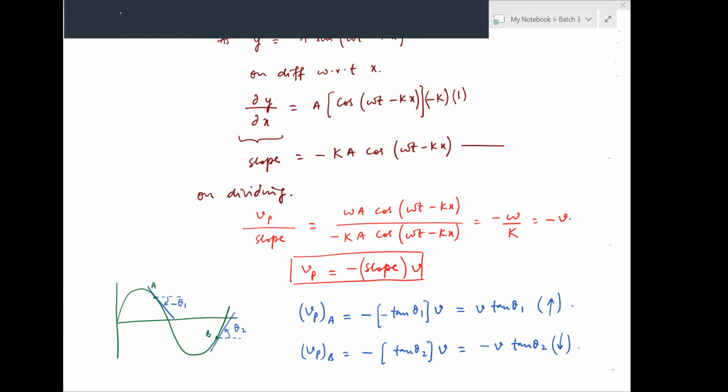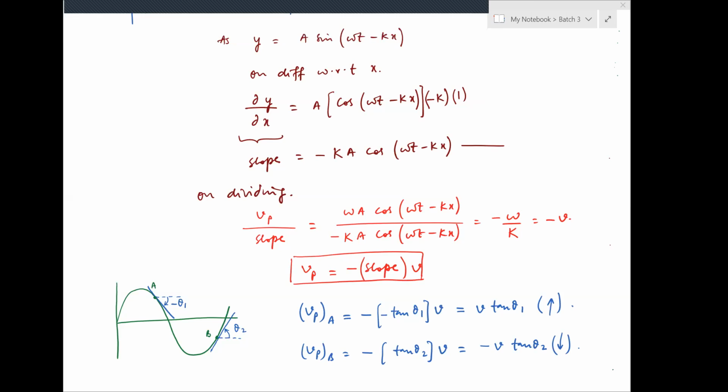So the screen is glitching again. Sir, can you scroll up?